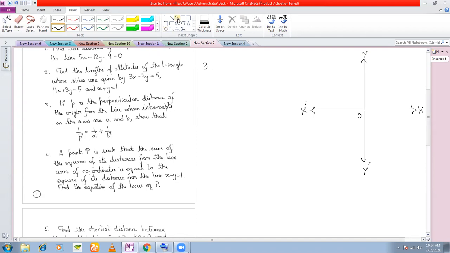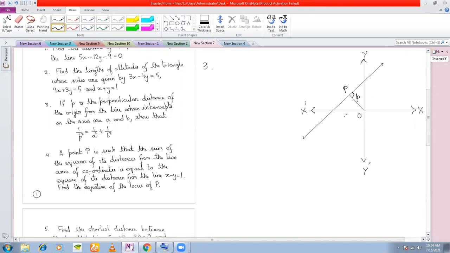Okay, and you have, say, this straight line, and draw a perpendicular from the origin to this line. Small p is the length of the perpendicular.